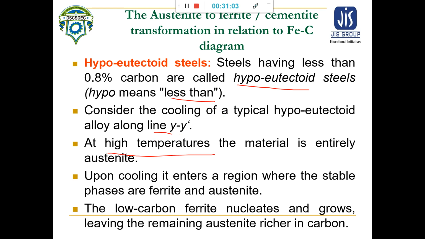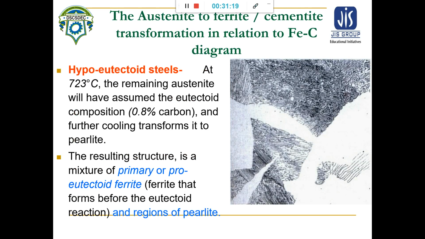At the high temperature the material is austenite. Upon cooling, it enters the region where stable phases of ferrite and austenite may occur, and at the low carbon side ferrite nuclei grow, leaving the remaining austenite richer in carbon.